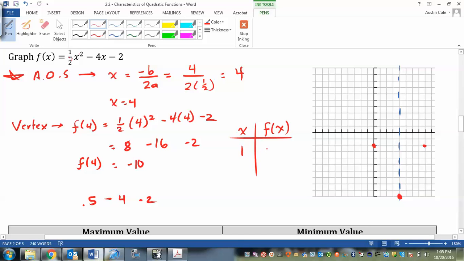So at 1, negative 5.5. Mirror it. Questions, comments, concerns?